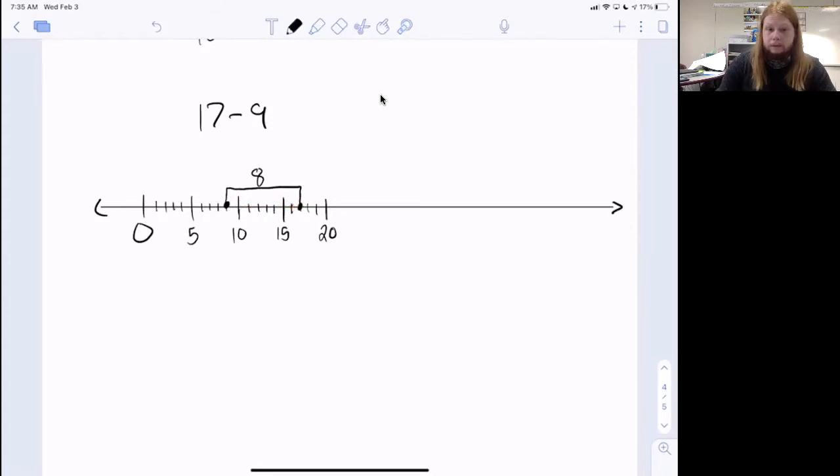Now, my question is, what happens if instead of starting at 9, we go 1 over and start at 10? Do we still need to go to 8 to get to our new answer? Well, let's check. Remember, we added 1 to 9 to make it 10, and now we have to add 1 to 17 to make it 18.